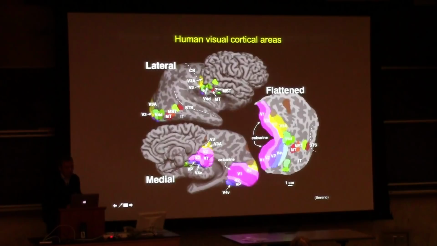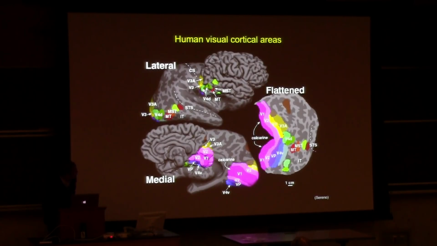Then you can figure out there are actually multiple maps, right? There's a V1 like this, based on topography. You know the location, you know which cortex is mapped to which part of the visual field. Then you figure out there are multiple visual cortices. It looks very similar to the macaque monkey. You have V1, V3, V4, MT, and so on. Very, very similar. All right.